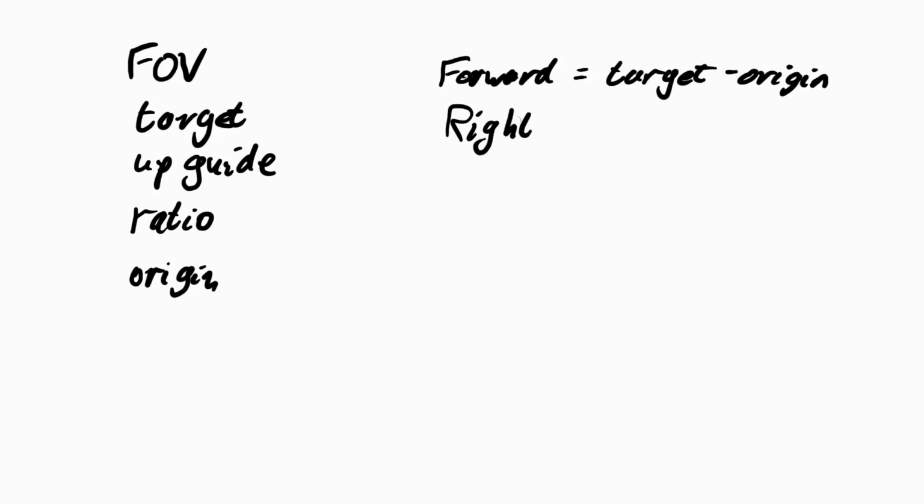So our forward vector is just going to be the target minus the origin. So this is the vector that goes from the origin to the target. But we do need to normalize this result. We need to make sure its length is 1. And now we can use the cross product to get all the other parts we need. So our right vector is going to be the forward vector crossed with our up guide.